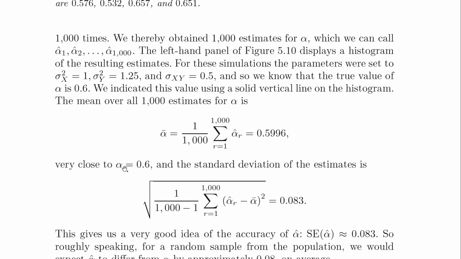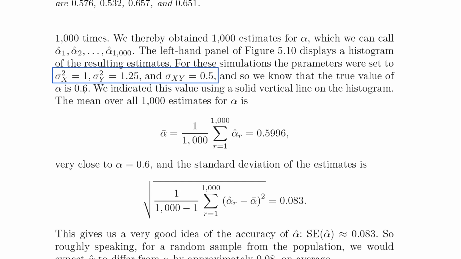And that would appear to be 60%. And in fact, we already know the true value. Like I said, we're playing God over here. It's the exact reverse situation as that that we would have in practice.